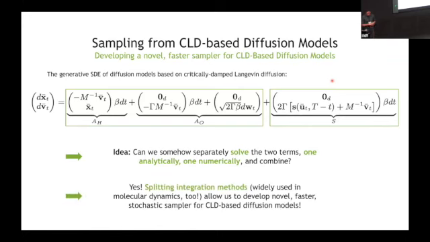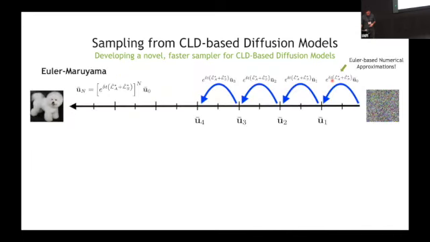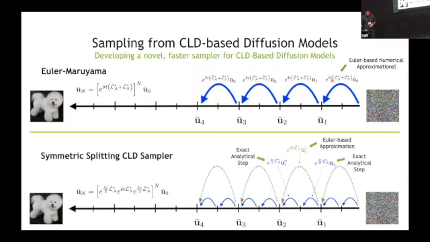That's possible. You can use these splitting integration methods, and in this paper we also derived some novel fast samplers for these types of diffusion models. This is also inspired by physics, actually. People have been using this widely in MD. I don't have the time to go through all this, but the intuition is that you split your propagator, defined through the differential equation, into these two parts, and alternate between updating with one and the other.